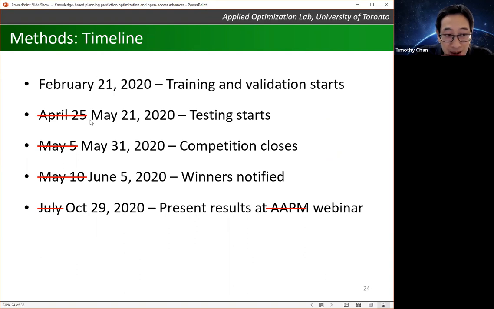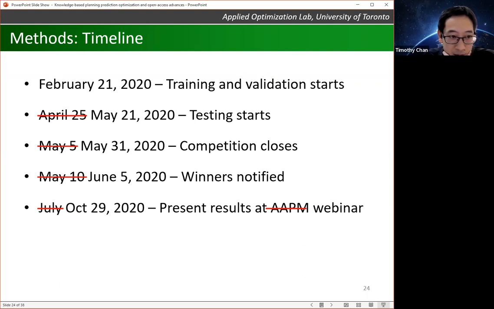So dates got pushed back about a month, but not really more than that. The testing, the competition, the winners notified, all got moved only about a month. And because we couldn't make the conference anymore, we presented the results in a webinar that fall. Really a testament to the resiliency of the individuals who are involved in this and really wanted to keep participating.